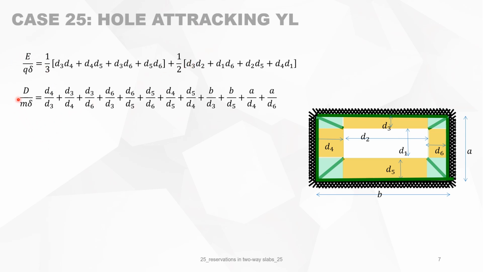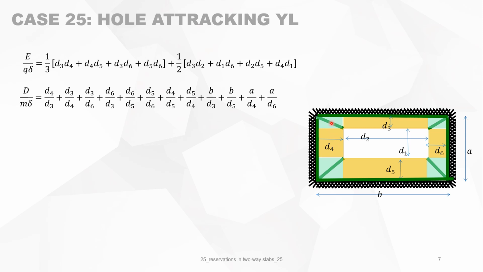The work done by the internal forces are the bending moment, the yield line, M times B divided by D3. So delta over D3 is the mean angle of rotation. For here, it's A divided by D6. This is B divided by D5. And this is A divided by D4.